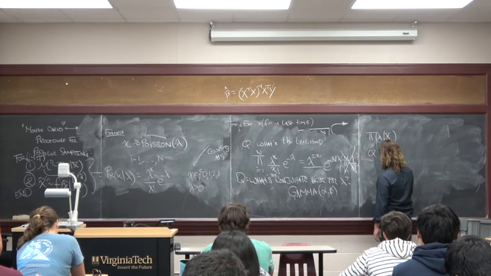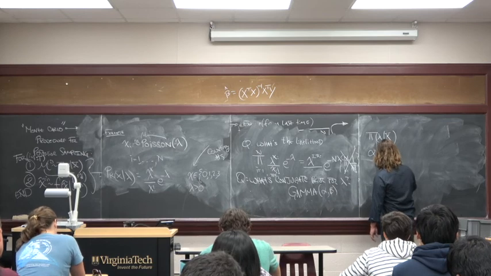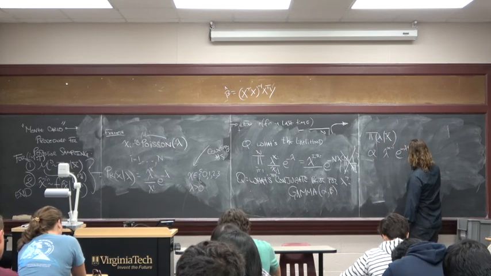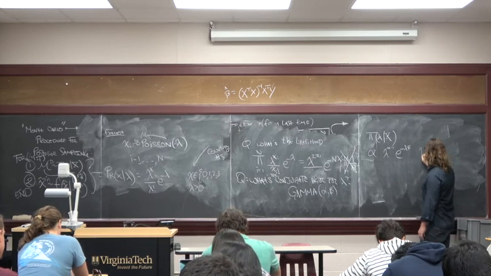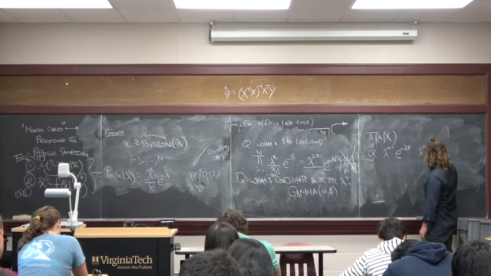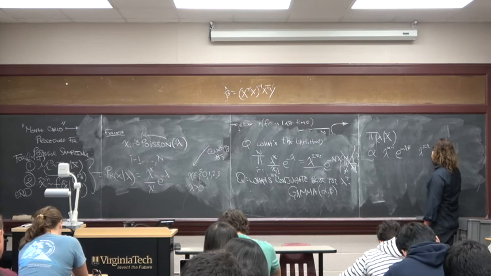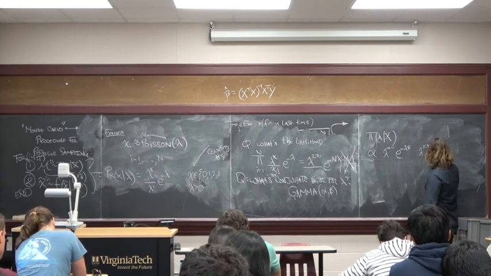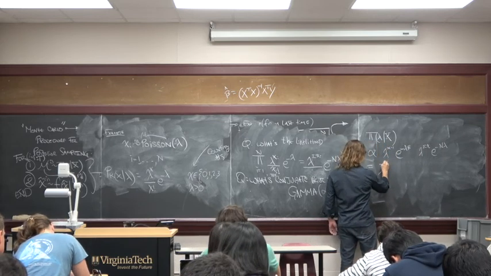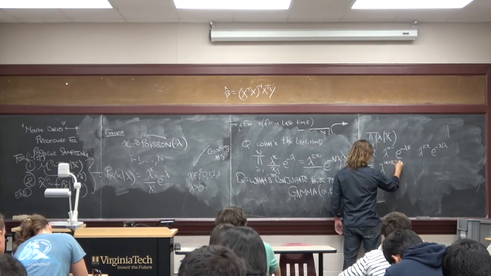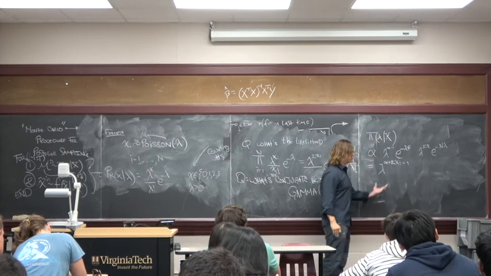So my prior has the form lambda to the alpha minus 1, e to the minus lambda beta. Then I just multiply in my likelihood. This is going to look like lambda to the sum of the xi's, e to the minus n lambda. I just combine terms. Lambda to the alpha plus sum of the xi's, minus 1. Don't absorb your minus 1.